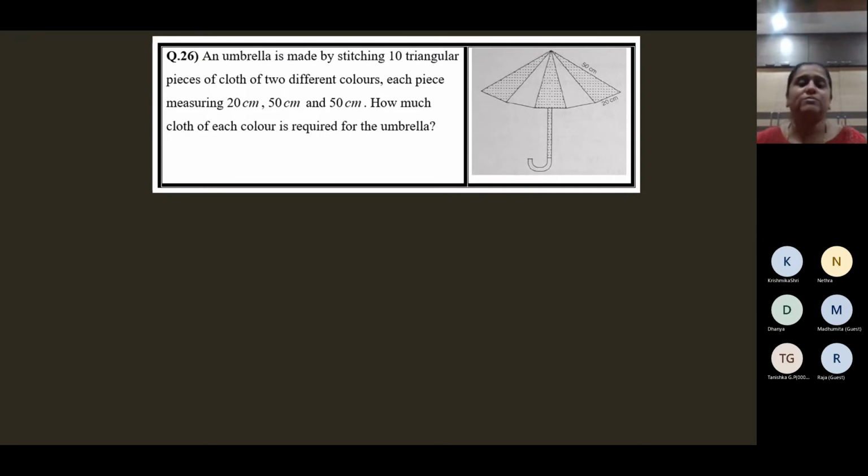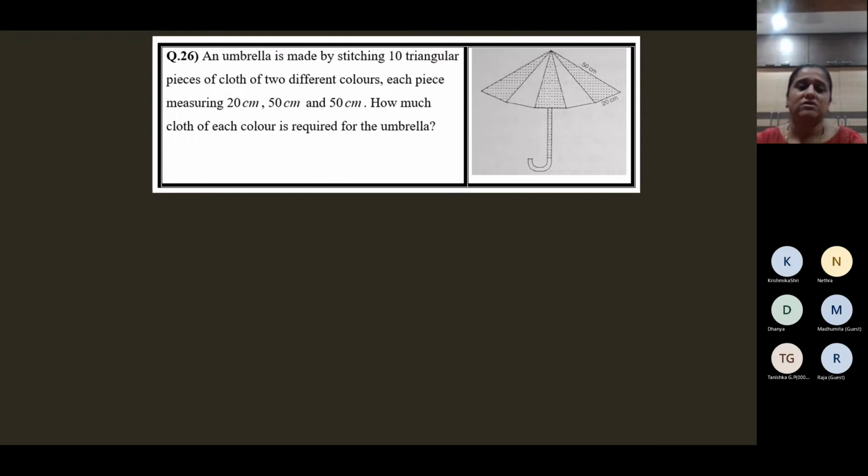Maybe blue and green alternating, so there will be 10 triangles: 5 blue pieces and 5 green pieces, each piece measuring 20, 50, 50. How much cloth of each color is required for the umbrella?